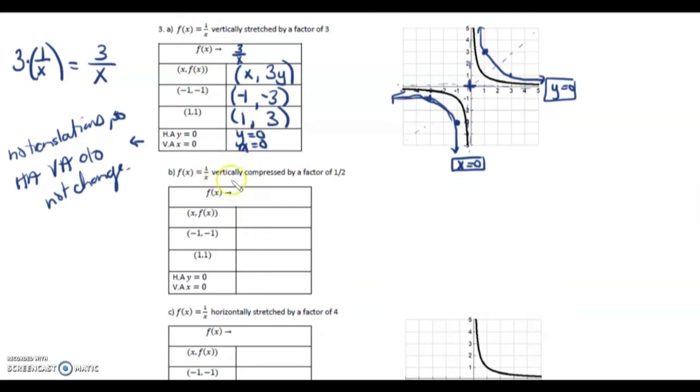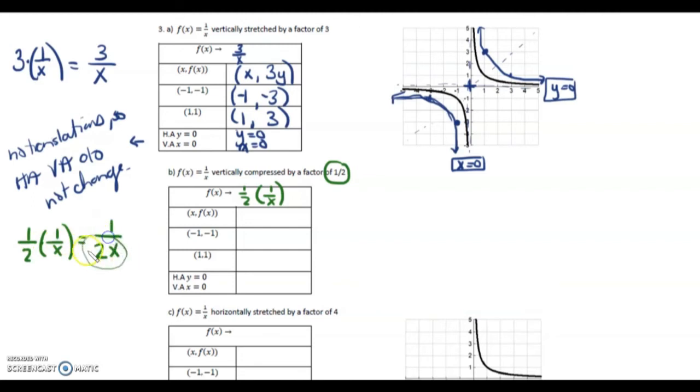Okay? Now, if it's vertically compressed by a factor of 1/2, how is that going to look? So vertically compressed is going to be 1/2 times 1 over x. So I'm actually going to highlight this. I'm going to leave it like this so that we actually treat this as a vertical compression. But if you were to multiply these across, what is this equivalent to? Let's think about this.